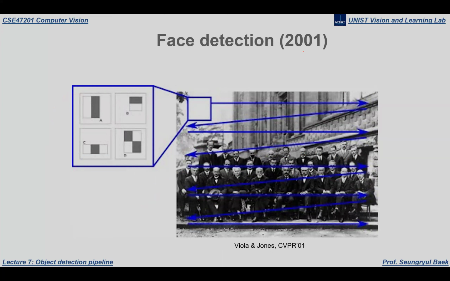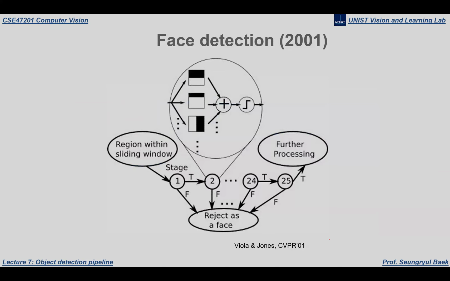Indeed, there is a very famous facial detection algorithm called the Viola-Jones facial detector. They use this sliding window, crop the regions inside the window, and use a boosting method with handcrafted features called Haar-like features.